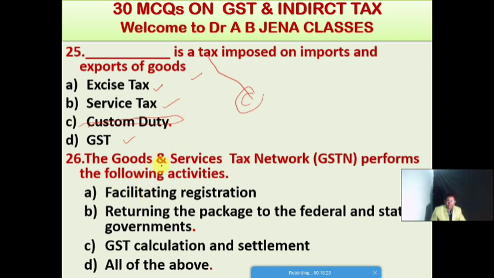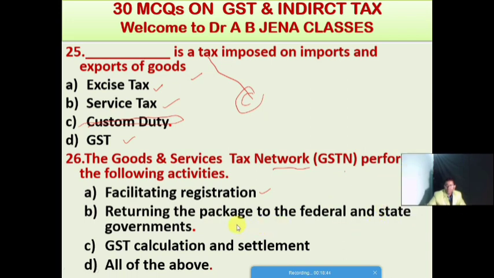Next one MCQ, the Goods and Services Tax Network, GSTN, performs what types of activities? First one is facilitating the registration. Second one, returning the package to the federal and state governments.